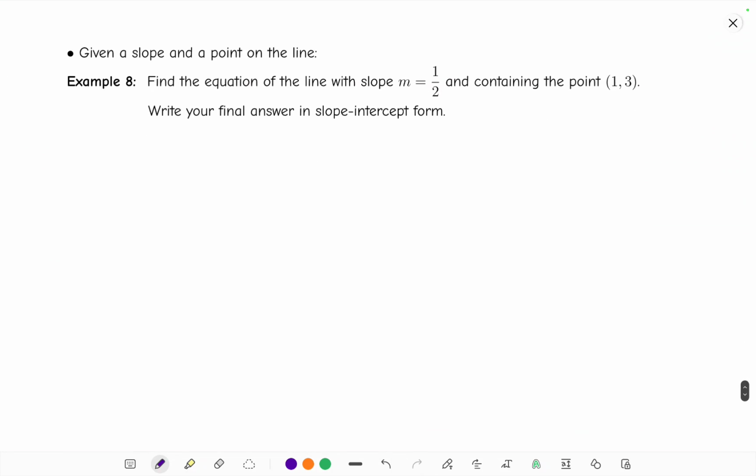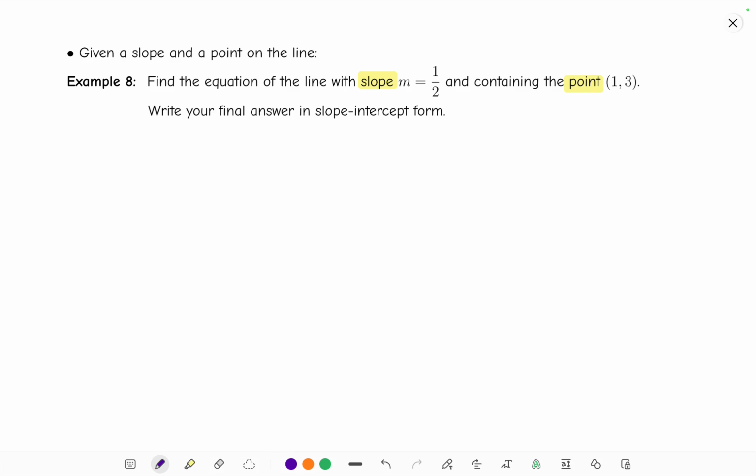Find the equation of the line with slope 1/2 containing the point (1, 3). But notice how it says write your answer in slope-intercept form. So the reason why we want to do that is so that everyone gets the same answer. But we're going to start out slightly different.